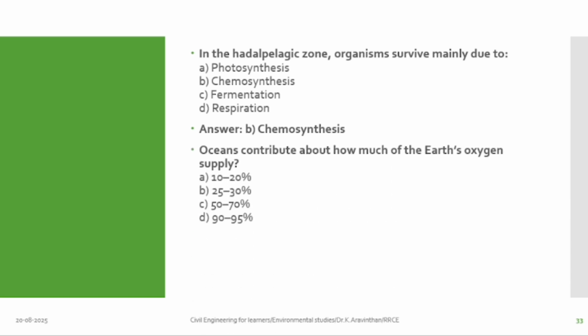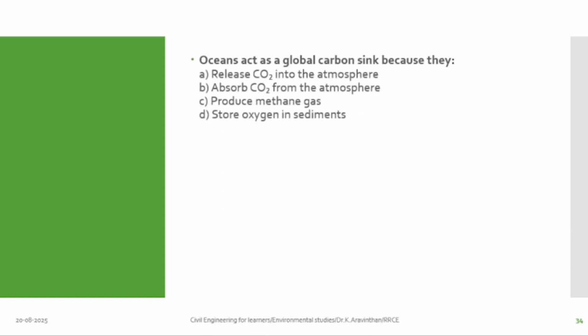Yes. Next thing, how much of the Earth's oxygen supply does the ocean contribute? 50 to 70%. Yes. Next thing, the ocean acts as a global carbon sink because it absorbs carbon dioxide from the atmosphere.